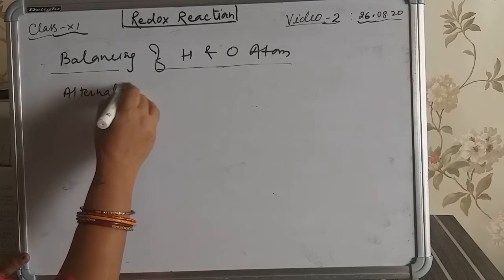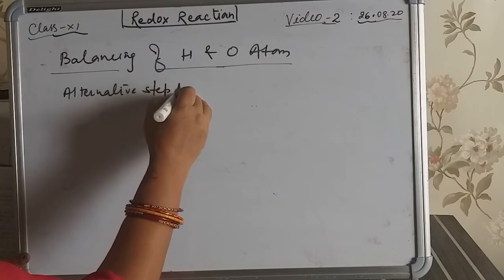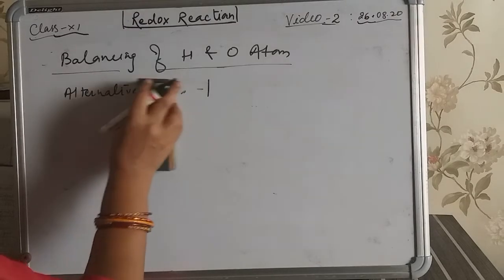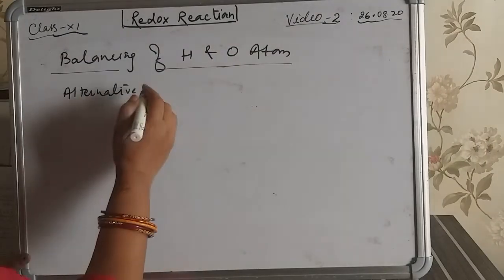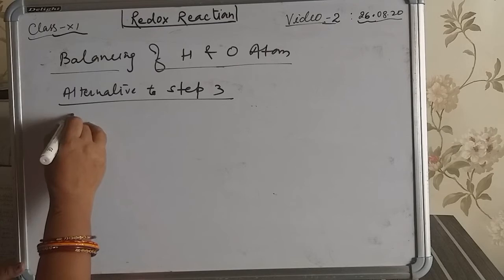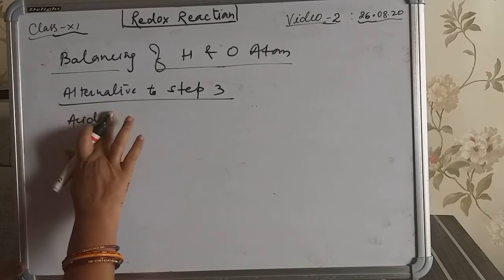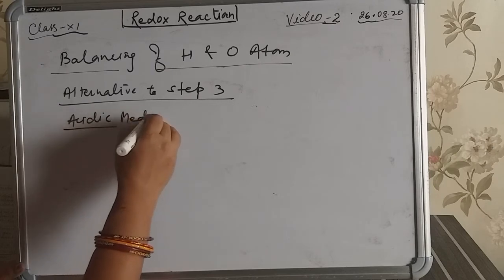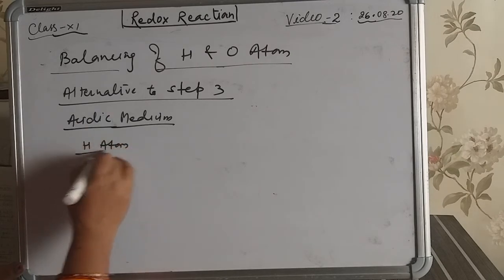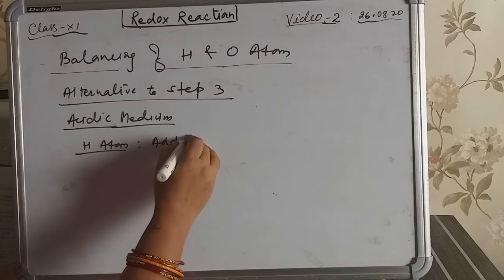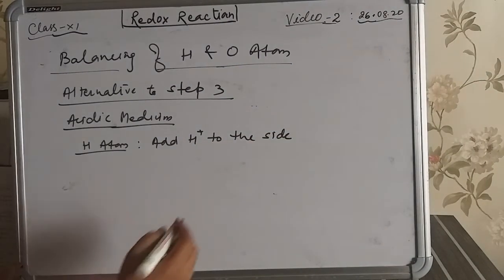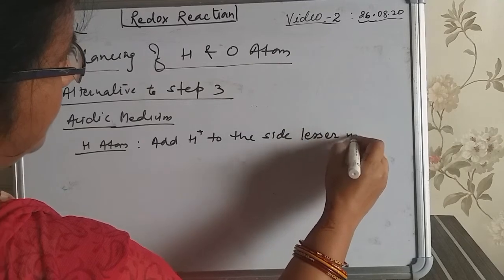Alternative to step 3. Acidic medium: for the hydrogen atom, add H plus to the side lesser in hydrogen.